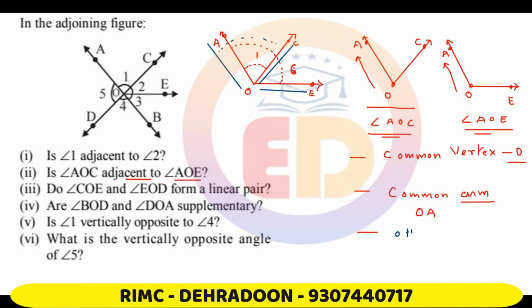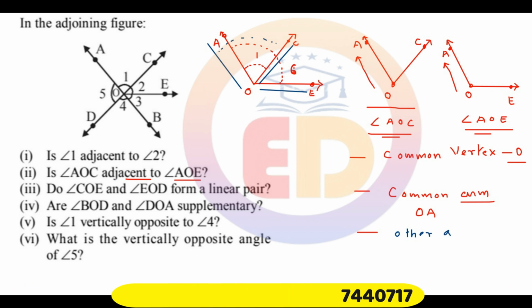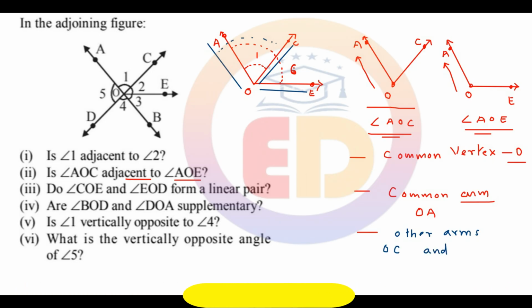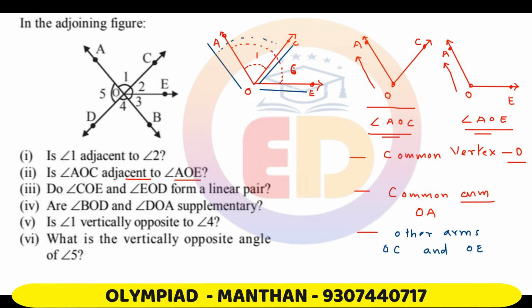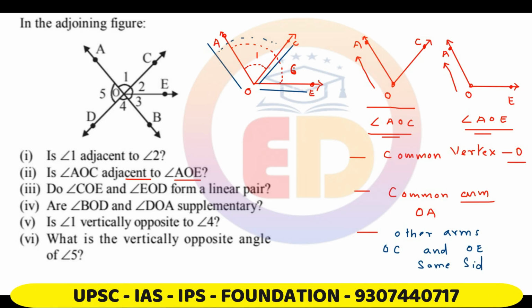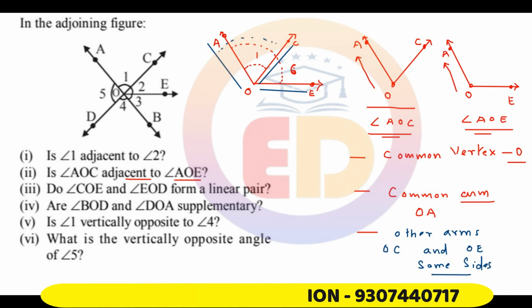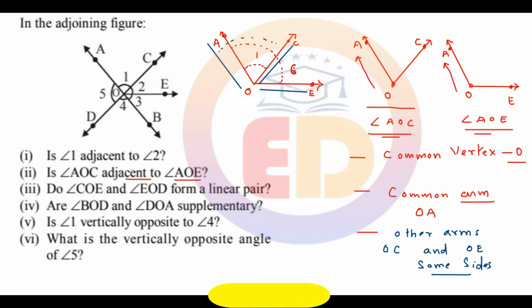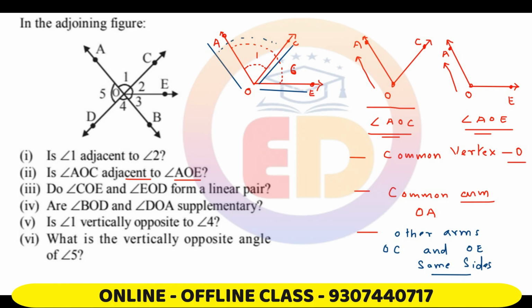So the other arms OC and OE, they are on the same side, and according to the adjacent angle definition they should be on the opposite side. So since they are on the same side, these two angles are not adjacent angles. और आप देख भी सकते हैं कि एंगल AOE है, एंगल AOC उसका पार्ट है.